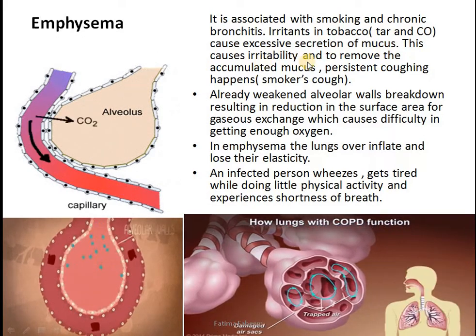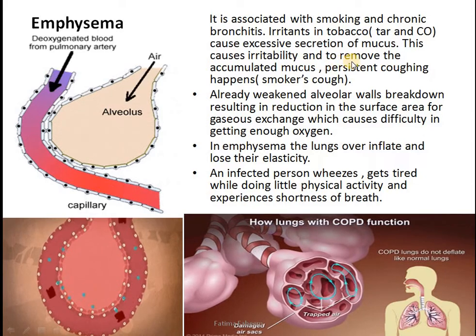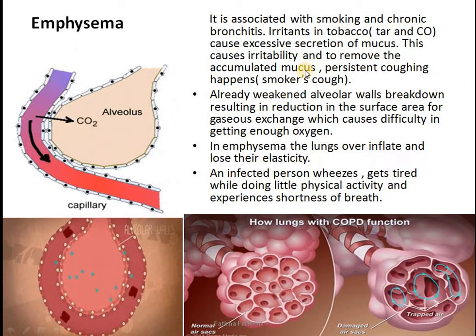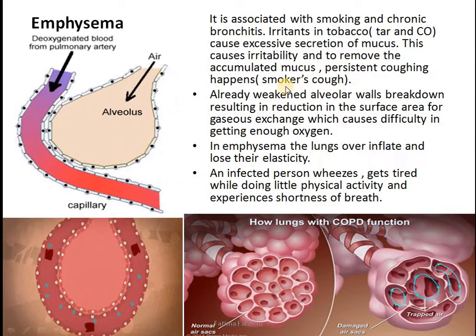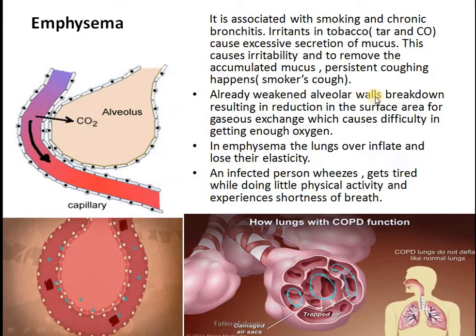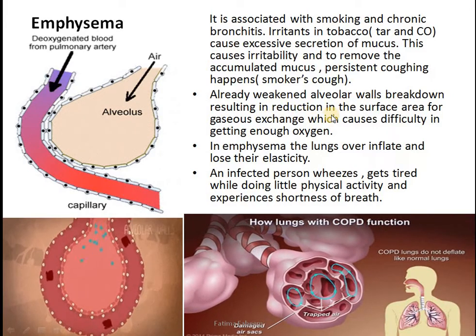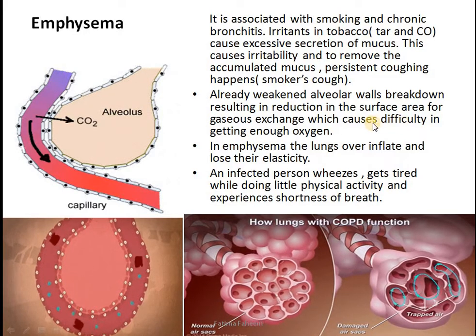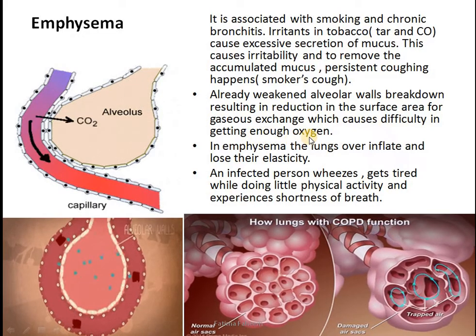This causes irritability and the person tries to remove the accumulated mucus by persistent coughing, which is known as smoker's cough. Already weakened alveoli walls break down, resulting in reduction in surface area for gaseous exchange, which causes difficulty in getting enough oxygen.